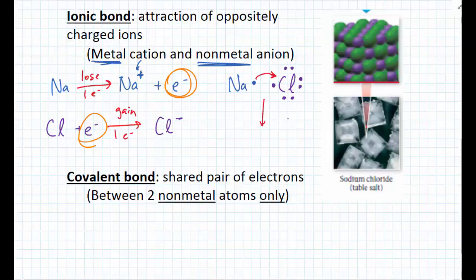Okay? It's essentially an electron transfer where we end up with Na+ and Cl-. We can draw those electrons in there. Here's the new one that it just got, and now that chlorine has a minus charge. Okay.